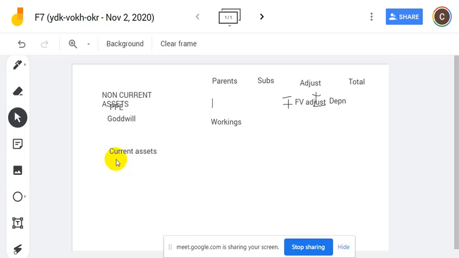We discussed unrealized profit. The unrealized profit is the profit for those goods which are still within the group, for any intra-company transactions where the parent either sells to the subsidiary or the subsidiary sells to the parent, and those goods are still within the group, they've not been sold outside the group.